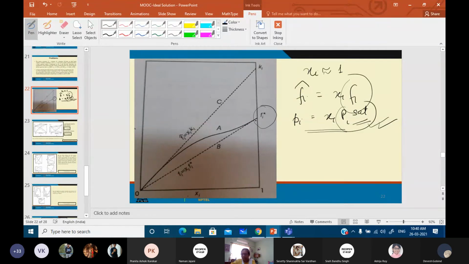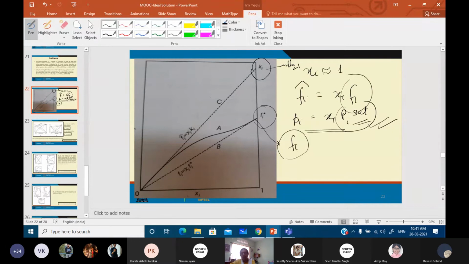And we find the intercept at very high composition corresponds to the pure component fugacity. If you extrapolate the linear portion at very low compositions, we find that here also it is linear, but this intercept is not the pure component fugacity. Rather, this particular intercept corresponds to the Henry's law constant of component 2 in component 1.